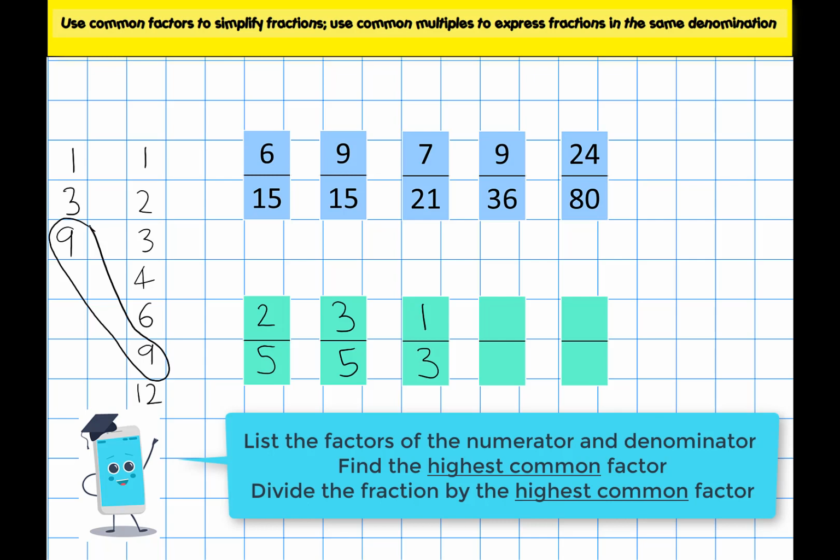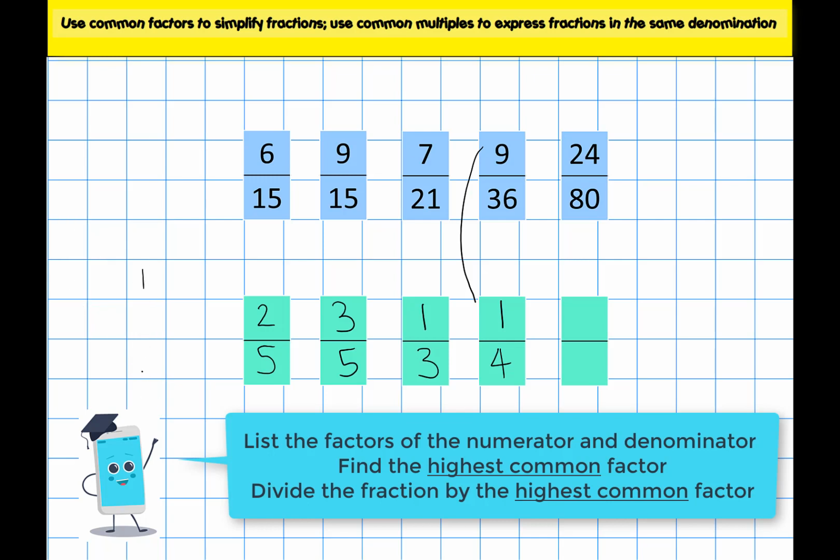So I can divide both my numerator and my denominator by 9. 9 divided by 9 is 1, 36 divided by 9 is 4. So 9/36 is actually equivalent to a quarter.